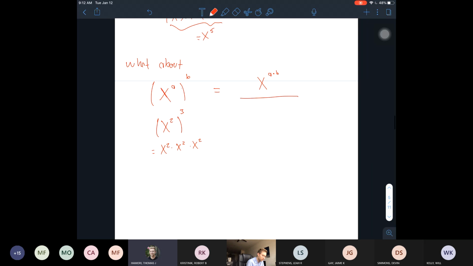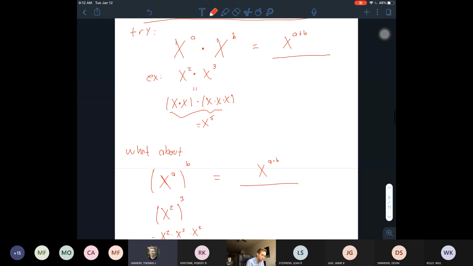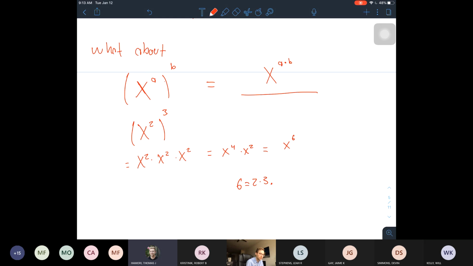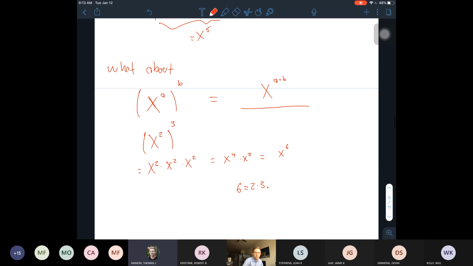By our previous rule, if we multiply two things with powers, we add those powers, so this is x to the 4th times x squared, and then adding those powers we get x to the 6th. Since 6 is equal to 2 times 3, you can kind of see where we're going with this. This can be proven with a little more generality, but this is a good way of visualizing it as an example.